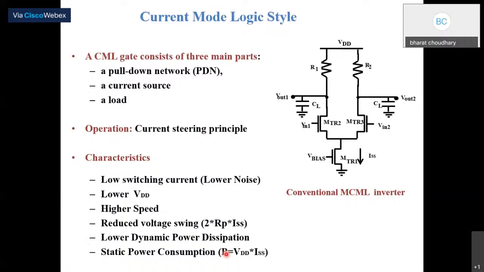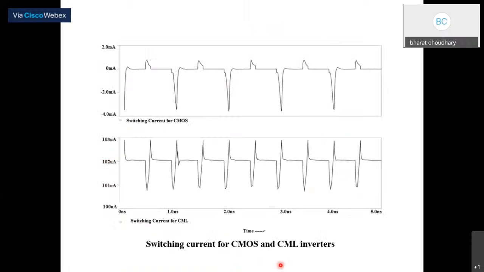This is the resistance of these two resistors, or if these are implemented by using PMOS, then this resistance is called RP, and ISS is the constant current, and there is a lesser dynamic power dissipation. However, this will offer some static power consumption, but that is also very little as compared to CMOS logic gates.